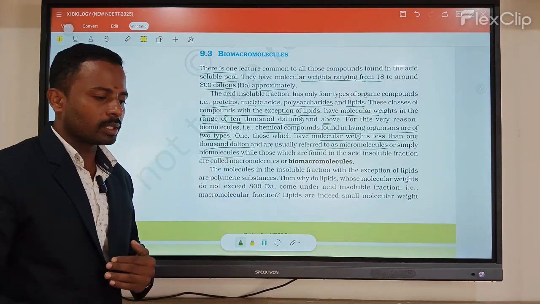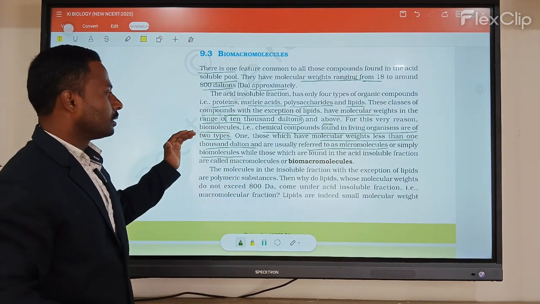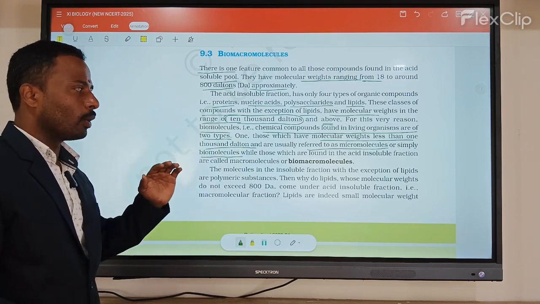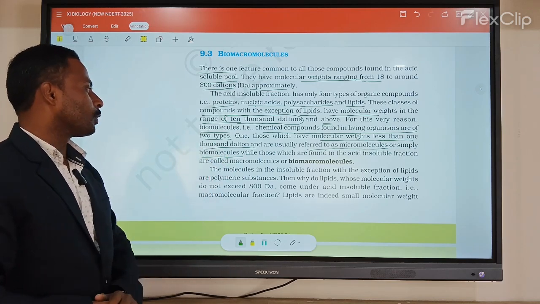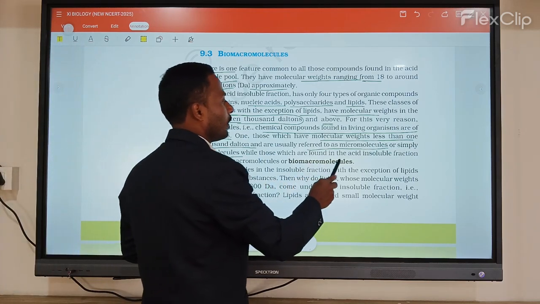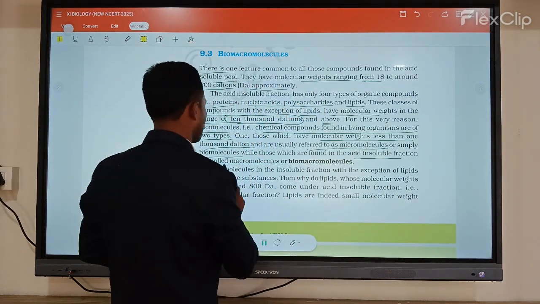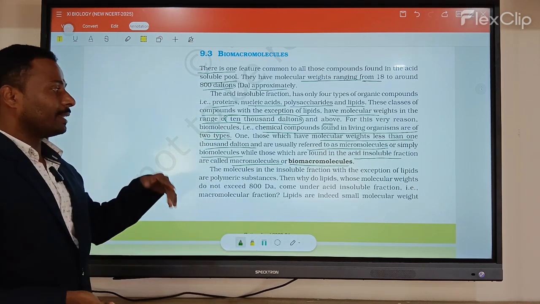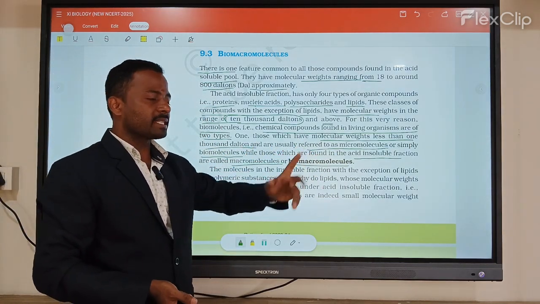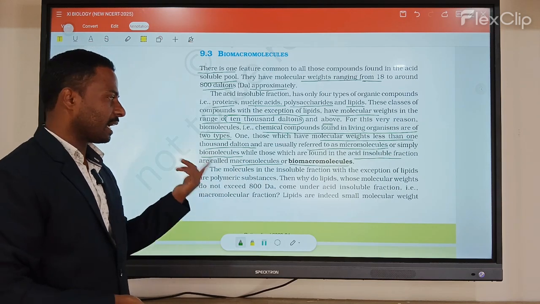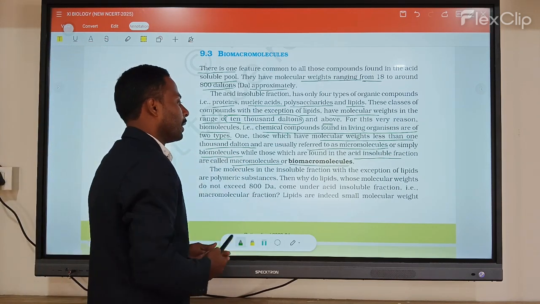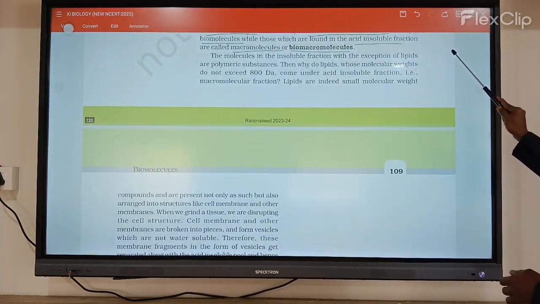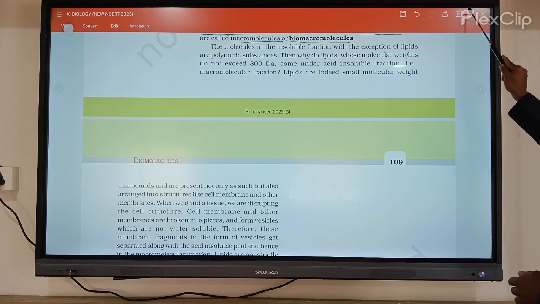Those found in the acid insoluble fraction are called macromolecules or biomacromolecules.